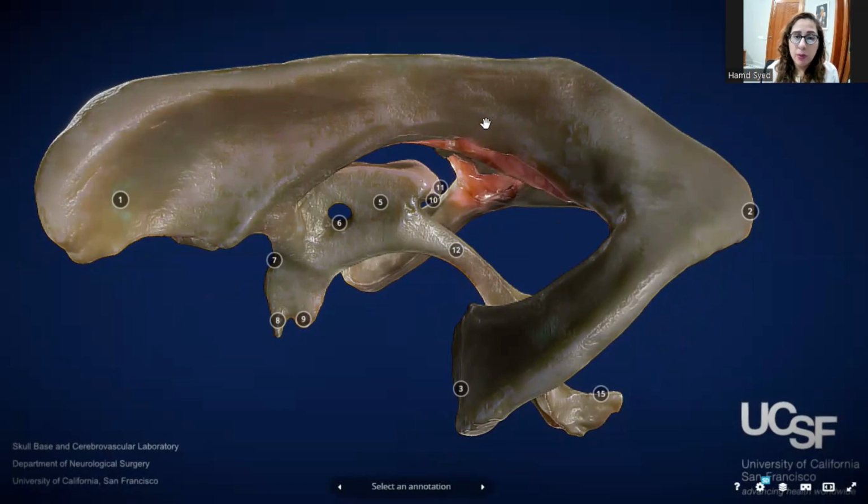This is the posterior horn, which extends into the occipital lobe of the cerebral hemisphere, labeled 2. And number 3 is the inferior horn of the lateral ventricle that extends into the temporal lobe of the cerebral hemisphere.